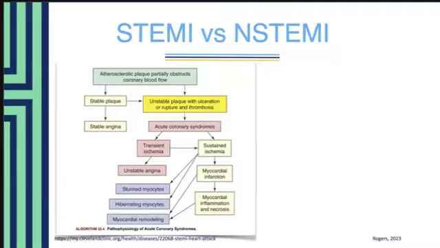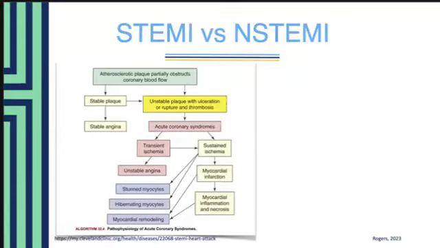Anticoagulants, which help with clotting differently than the antiplatelet drugs like aspirin. We've got nitroglycerin, which is that vasodilator that helps with the chest pain or angina. Pain medications like morphine we see used. And then for severe blockages, the patient may have to undergo CABG, or coronary artery bypass grafting.